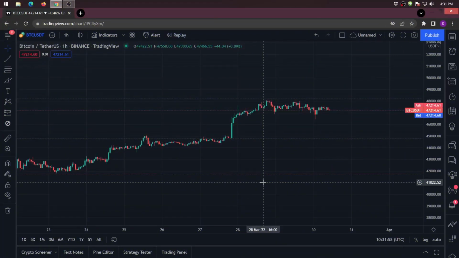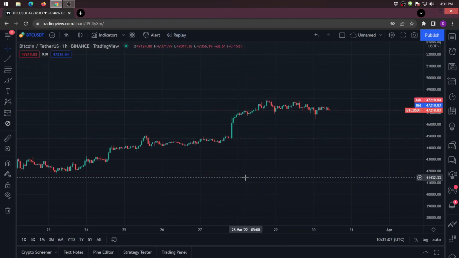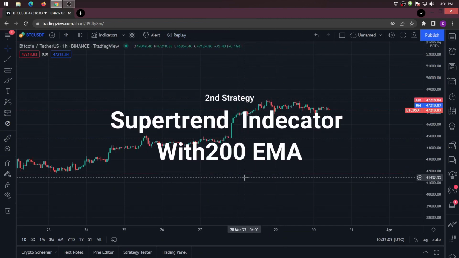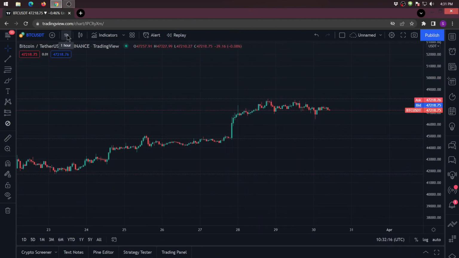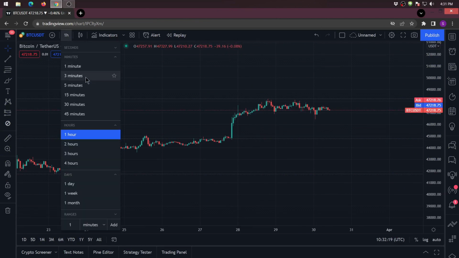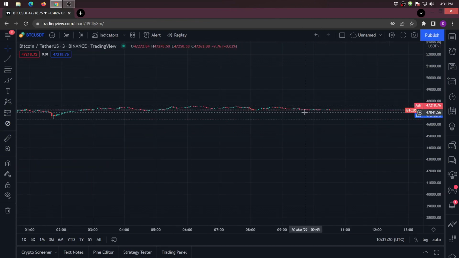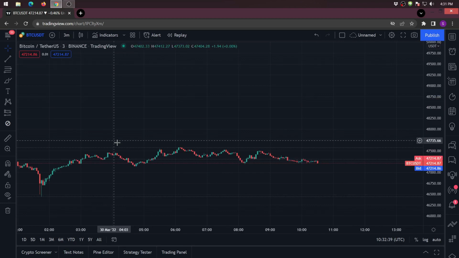So now let's introduce the second strategy with Supertrend and 200 EMA. So I simply change the time frame from 1 hour to 3 minutes, and now I want to add the 200 EMA and Supertrend indicator.